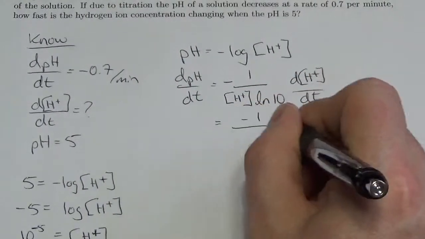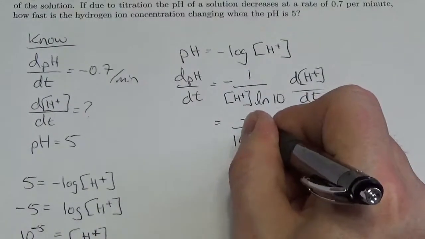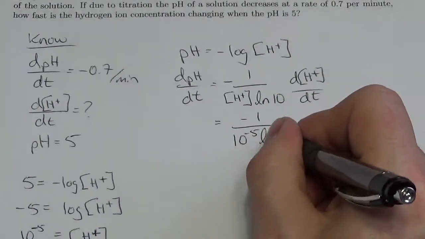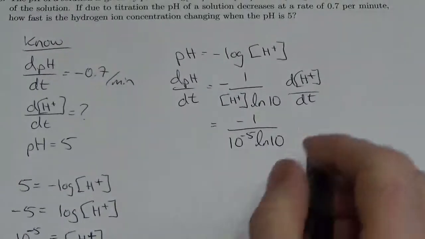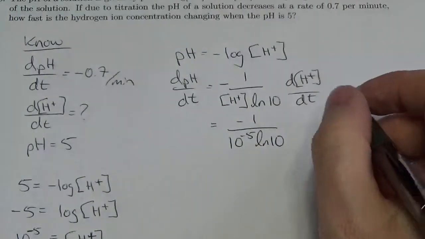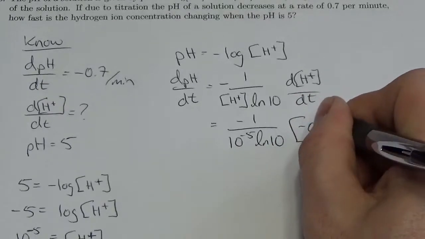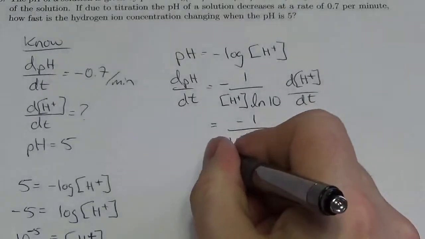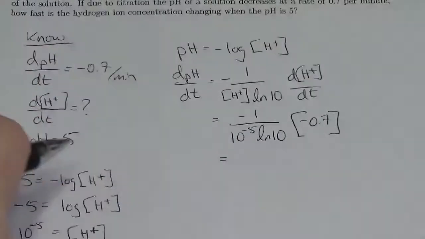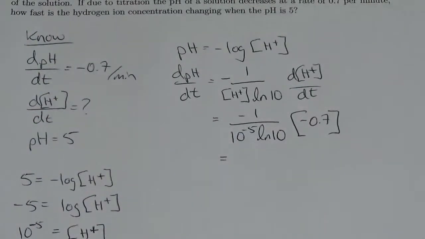So this will be negative 1 over 10 to the negative 5, natural log of 10, and then the dH plus by dt is going to be negative 0.7 per minute. Okay, so now let's evaluate that. That's going to be positive 0.7 divided by 10 to the exponent negative 5 multiplied by the natural log of 10.